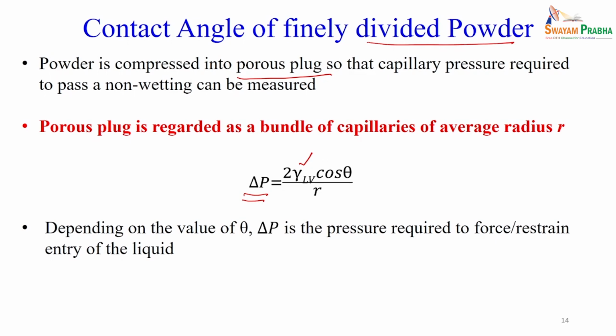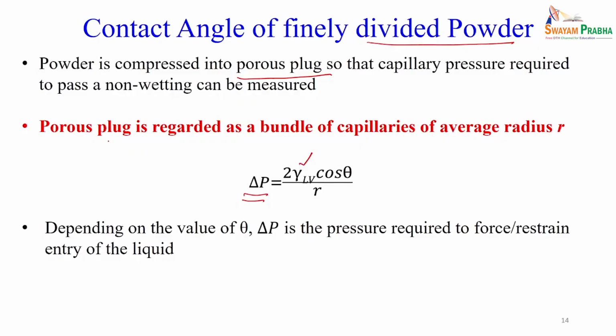If you remember, we discussed the Young-Laplace equation. It says the pressure difference is directly related to the interfacial tension and inversely related to the distance R, or you can say the capillary radius.